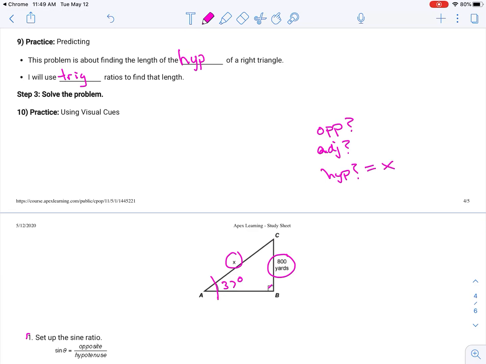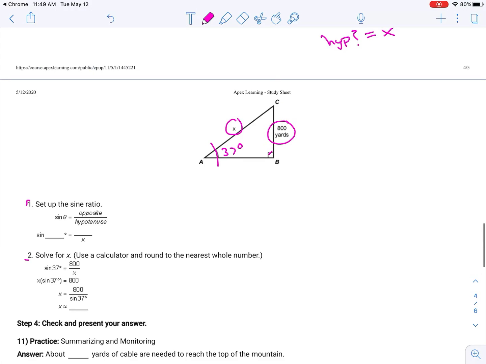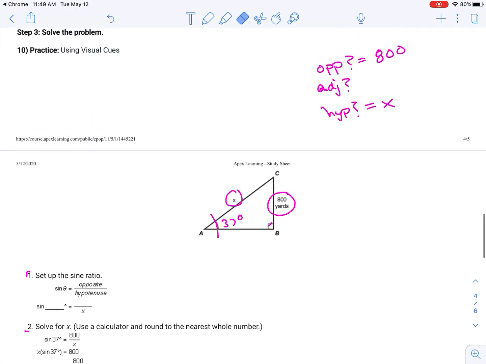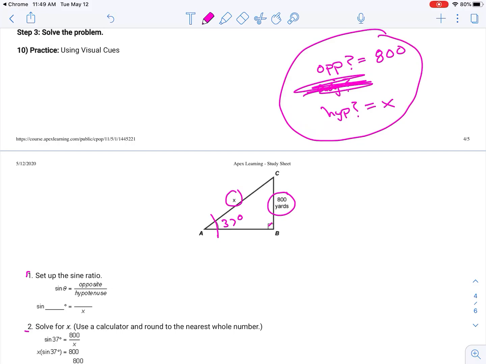Well, the hypotenuse is x, and the opposite is 800, and the adjacent doesn't really come into it at all because it's this unmarked length here. So I don't even need to worry about that. So I have the opposite, and this problem involves the opposite and the hypotenuse. So which one of the trig functions, sine, cosine, or tangent, involves the opposite and the hypotenuse?